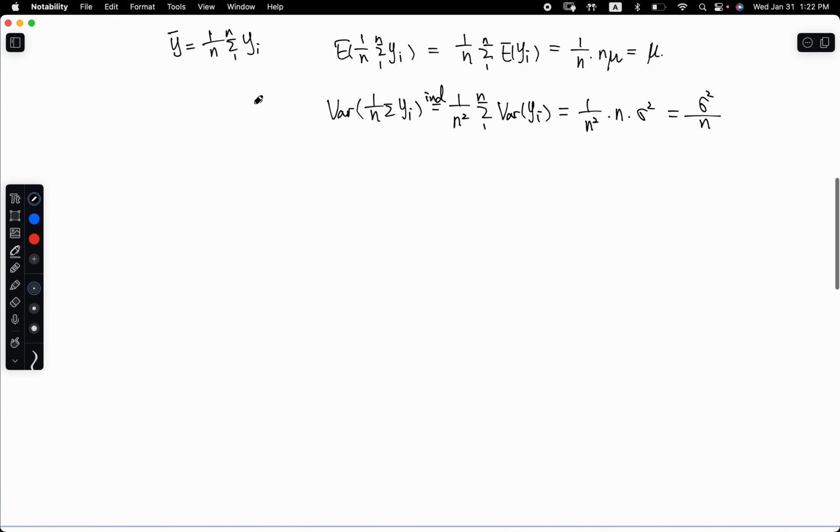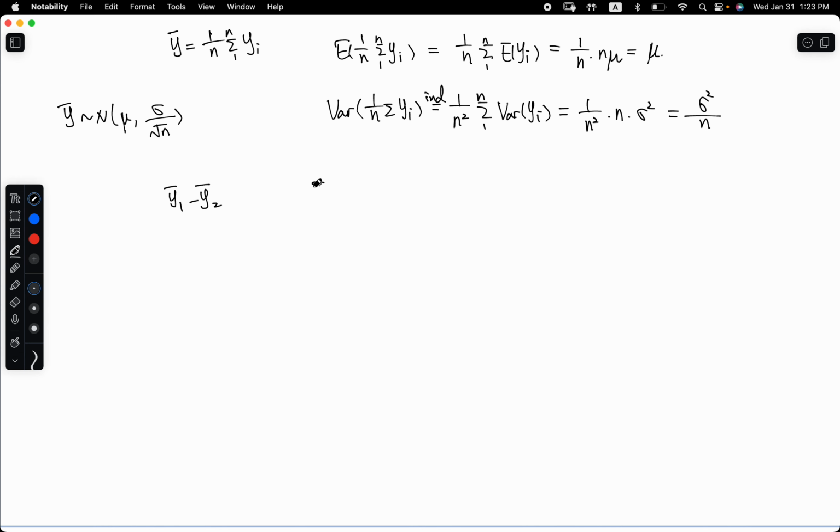So this is the distribution for y bar, also following a normal with mean mu and standard deviation sigma over square root of n. Let's comment on y1 bar minus y2 bar.